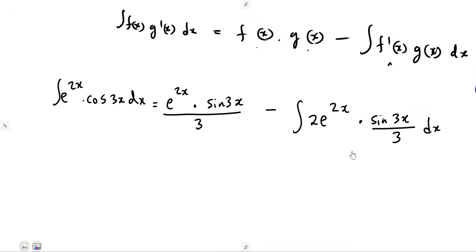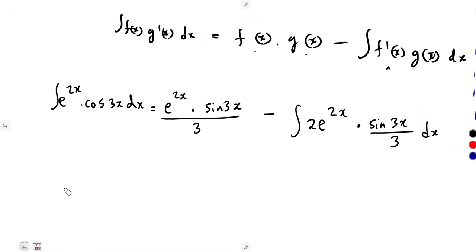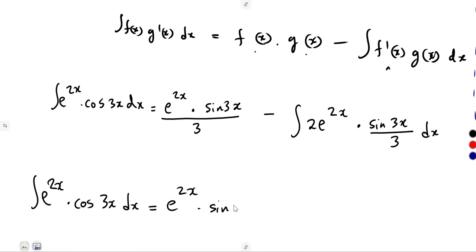Okay, let's see where we are, guys, and try to simplify. Let me just rewrite this for the sake of everyone to understand. Here there's no need for us to simplify anything, just rewrite. We're just going to try to simplify the part of our integral. There are constants, the 2 and the 3.